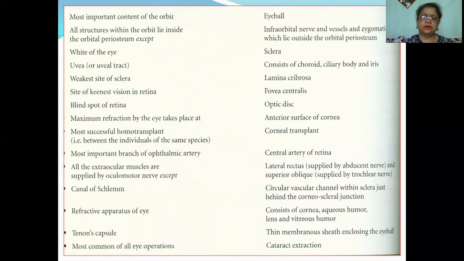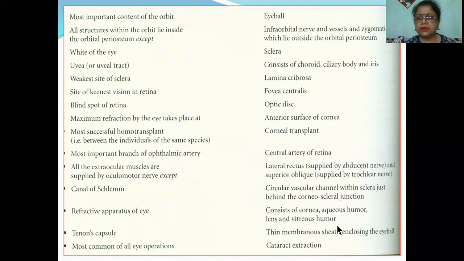Okay. Blockage of the canal of Schlemm will cause increased intraocular pressure leading to glaucoma. Refractive apparatus of the eye consists of number one cornea, then aqueous humor, then lens and vitreous humor. This is asked many times. What is Tenon's capsule? That is the fascia bulbi.